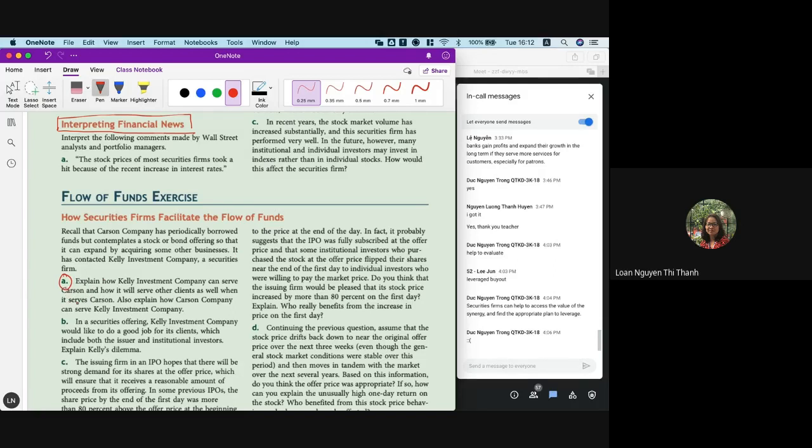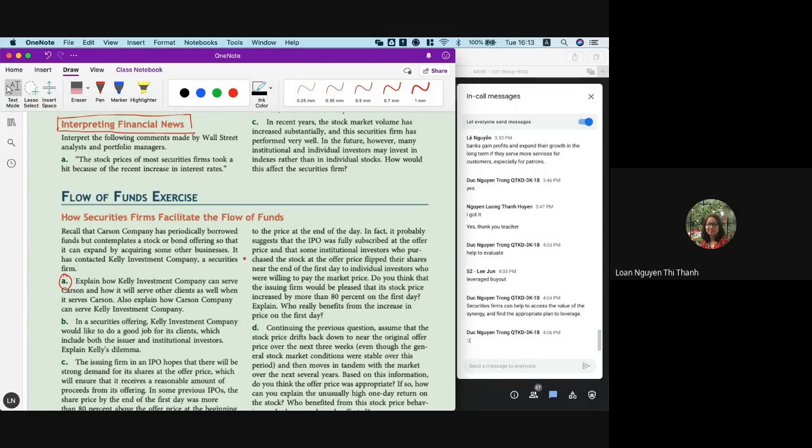Question A. Explain how Kelly Investment Company can serve Carson and how it will serve other clients as well when it serves Carson. Services, for example. Also explain how the Carson Company can serve Kelly Investment Company. So we have the contract or the deal between the security firms and the Carson Company.